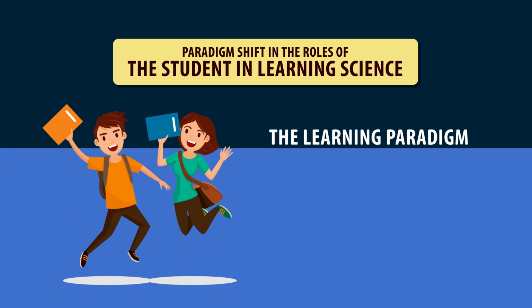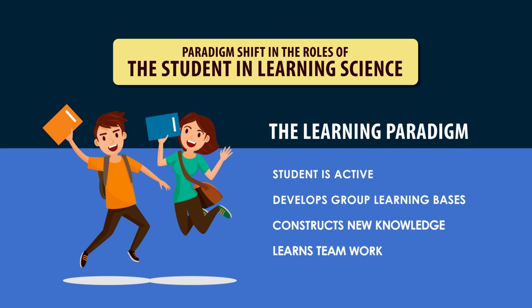Let us see what role a student has in the learning paradigm. The student is active. Why? Because everything that is being done is done by the student. The teacher facilitates that learning. The teacher is around the student every time to see whether something is required by the child or not.